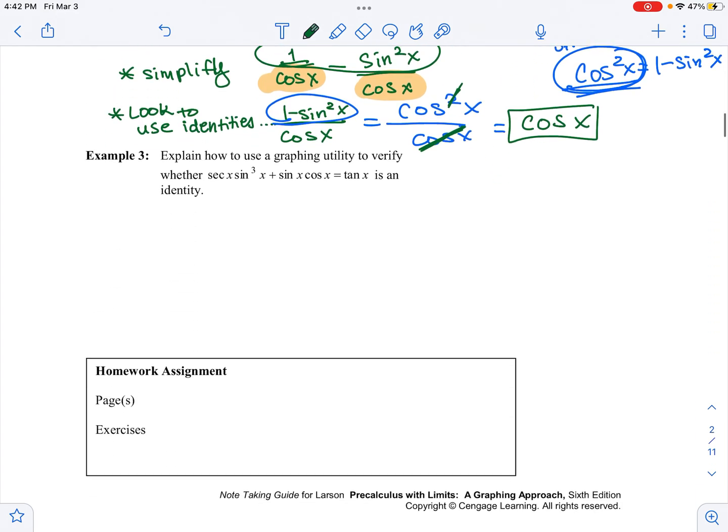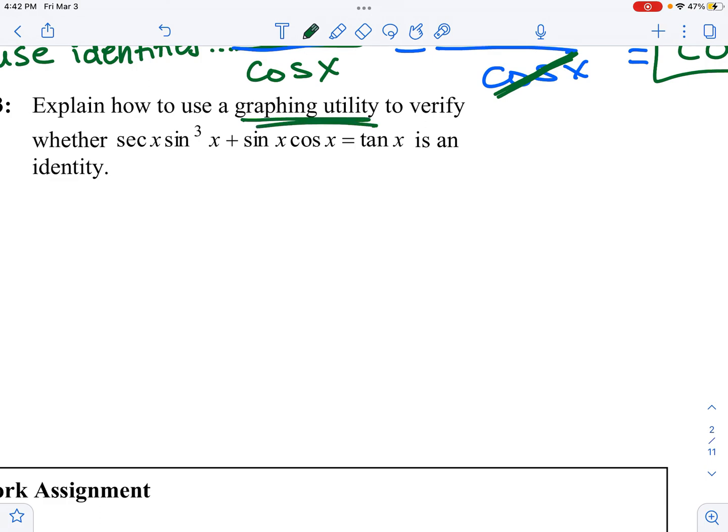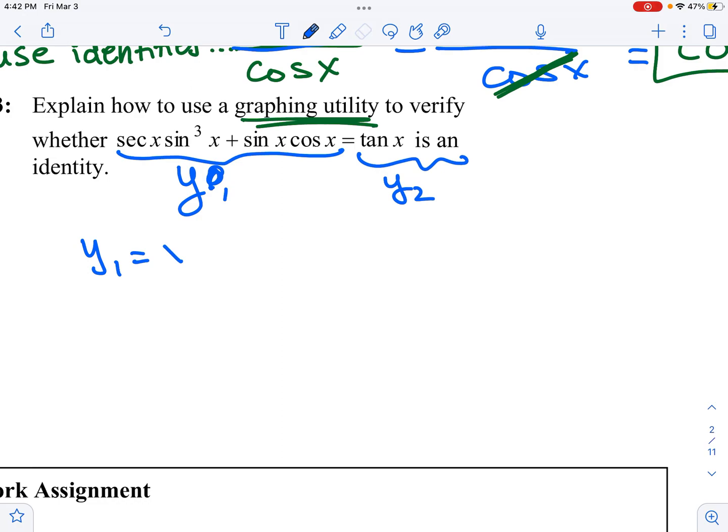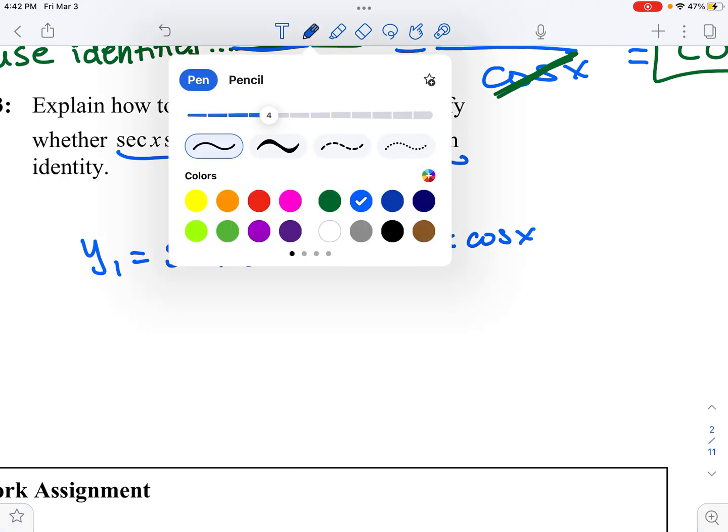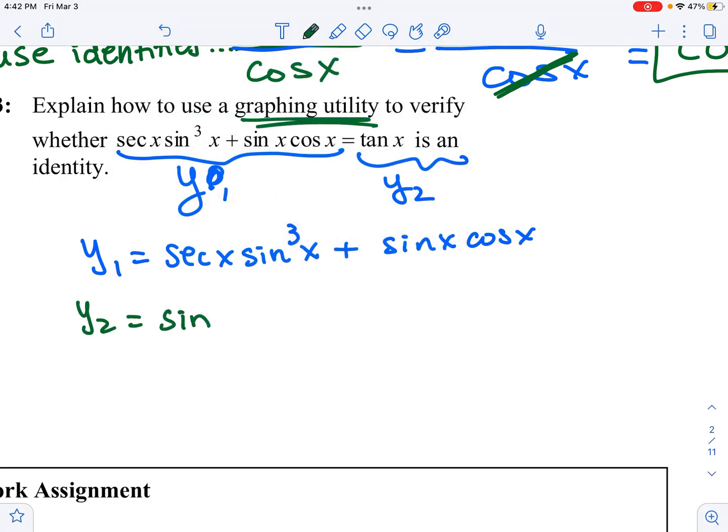Okay? And then lastly, how would we use a graphing utility to verify these? The way I would use that is, on either side of the equal sign would each be their own function. So we'd say this is y1 and this is y2. So if y1 equals secant x sine cubed x plus sine x times the cosine of x, and y2 is, not sine x, sorry, y2 is right here, tangent x.